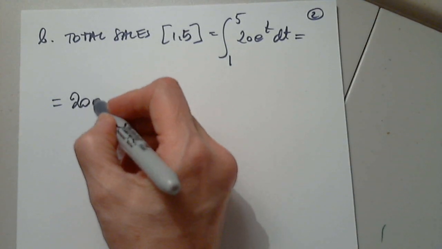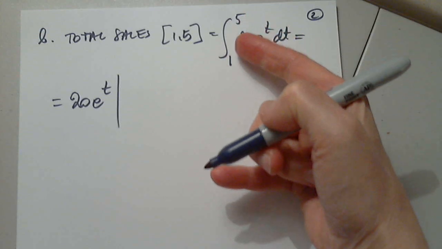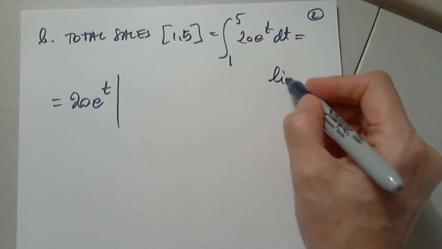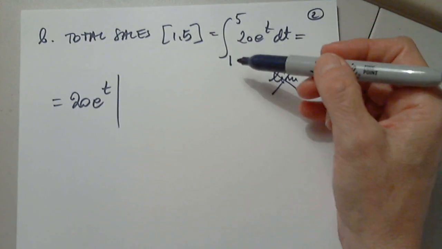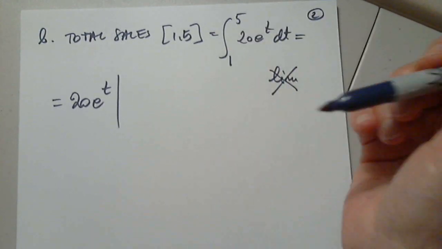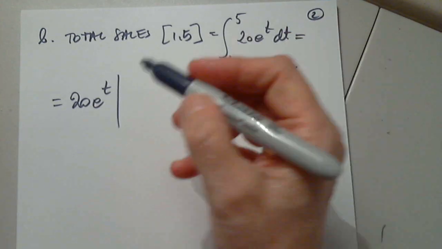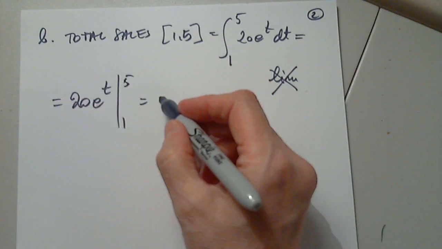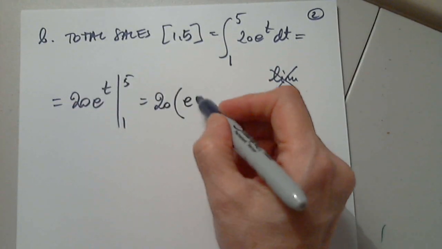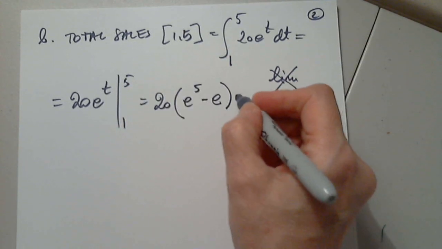It's still 20e to t, but the limits of integration, these are called limits of integration. This is not LIM, the operator, no. If you don't want to say the limits of integration are 1 to 5, you can say it starts at 1 and it ends at 5. So 1 to 5. We plug in 5, of course 20 stays outside, and we have e to the 5th power minus e to the 1st power.